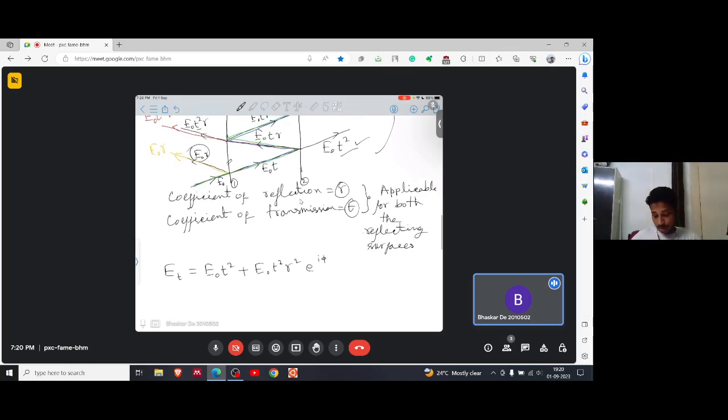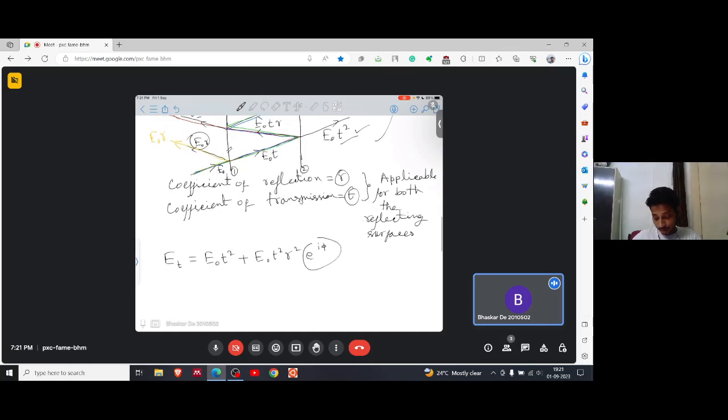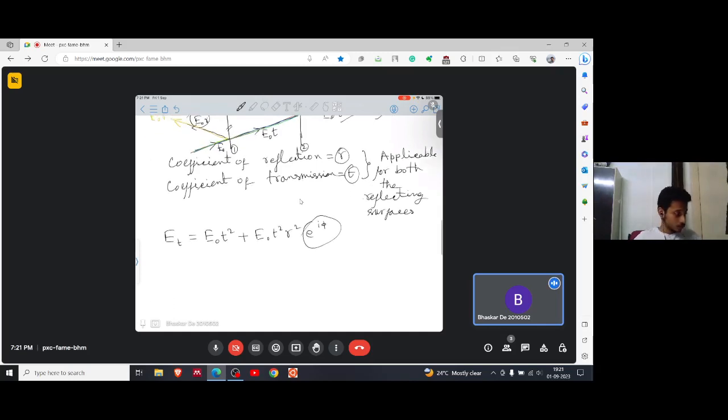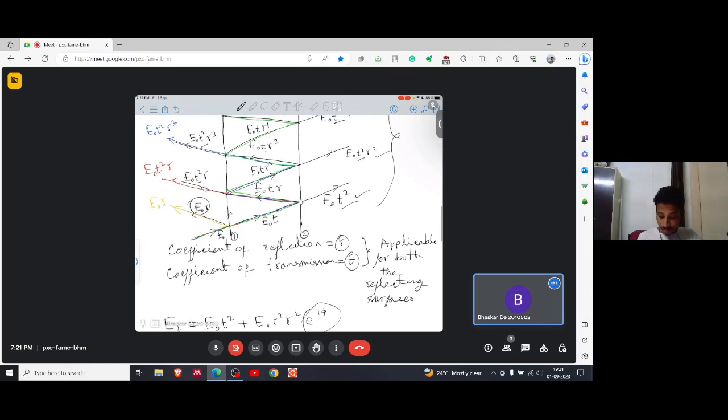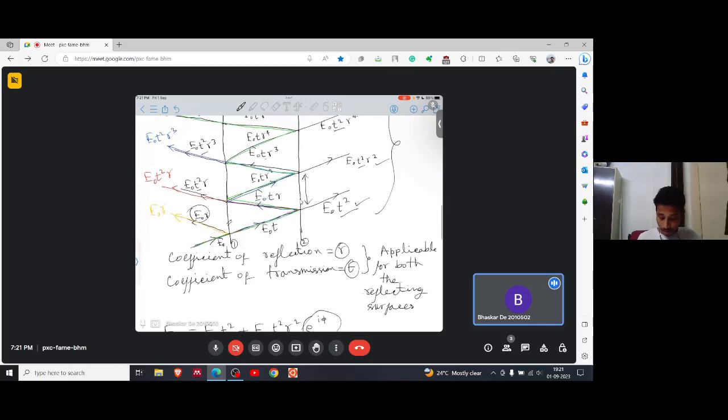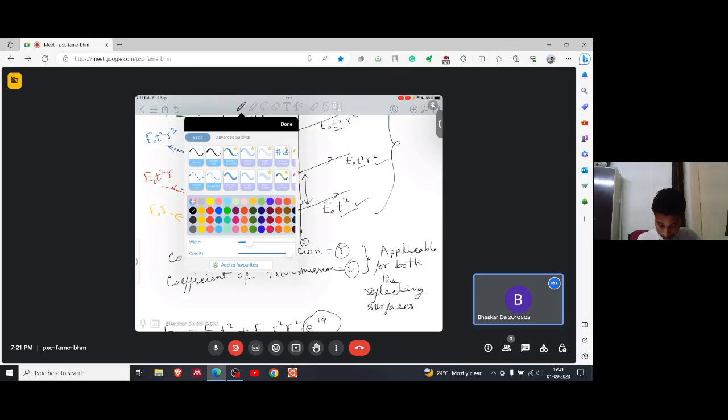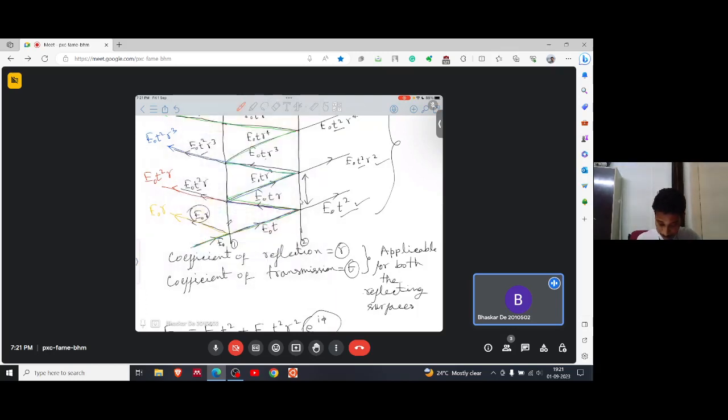So now there is an interesting thing. I will just write what this e to the power i phi term is that I am writing. So basically from this beam to this beam, there is an extra path length that is covered by the beam, that is from here to here.